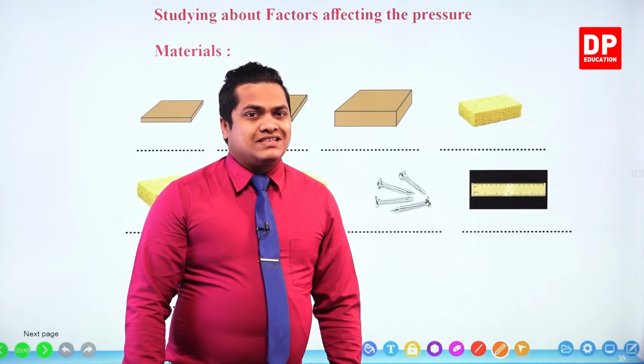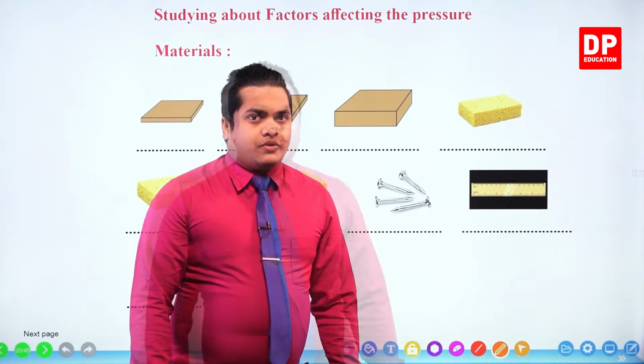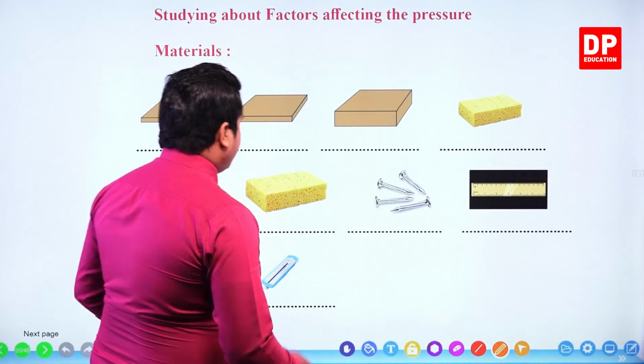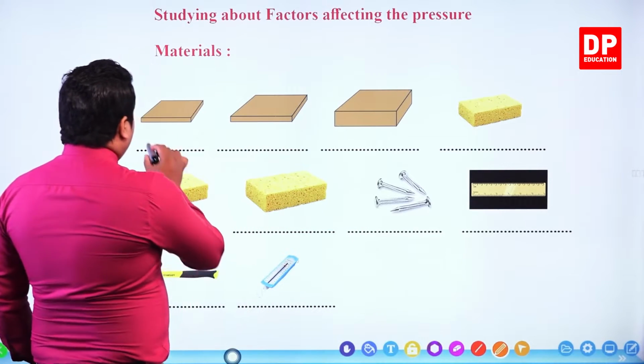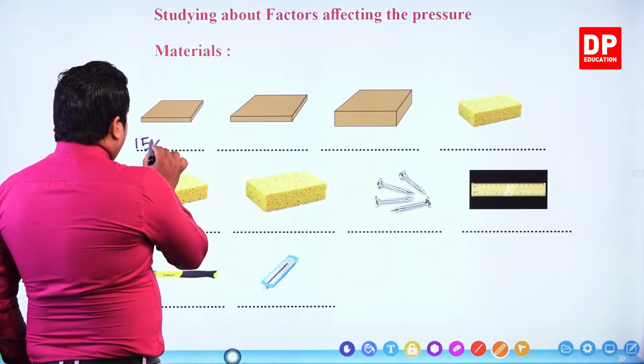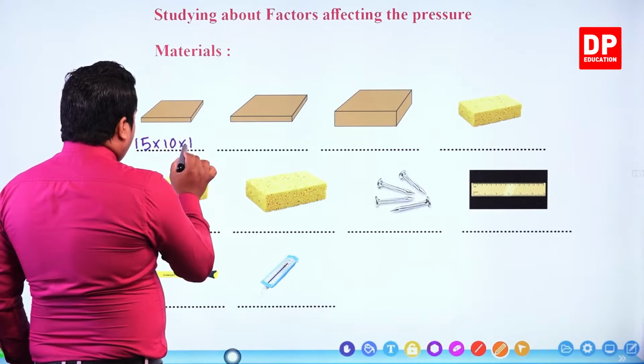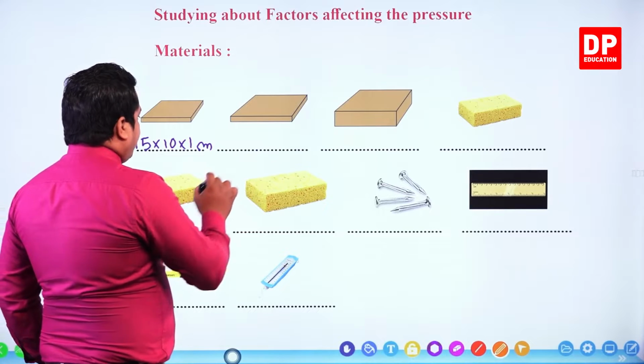However, we are going to measure once again and note it down. Right. So we'll write down the dimensions of these things then. 15 by 10 by 1 cm.